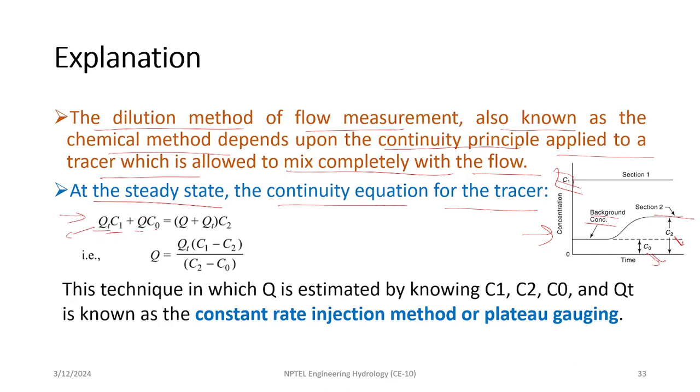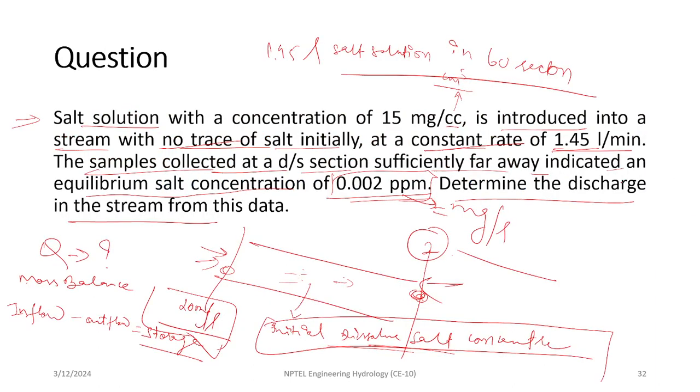C0 is 0. Then Q plus QT multiplied with C2, and after solving this we get this equation. This equation is only valid when we are applying a constant rate injection in the river, because in this question it has been mentioned that we are applying the salt solution at a constant rate.